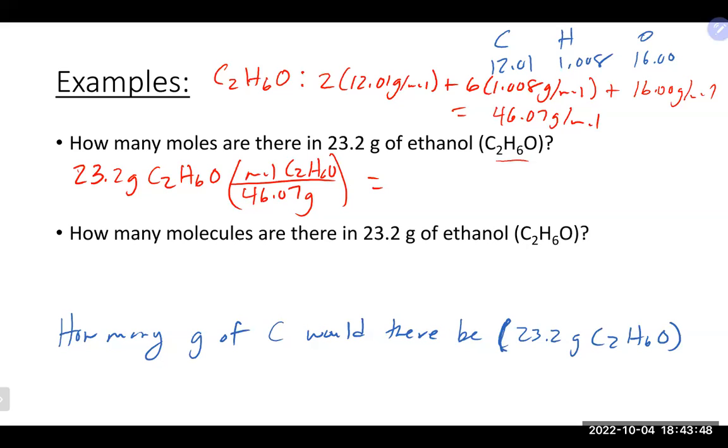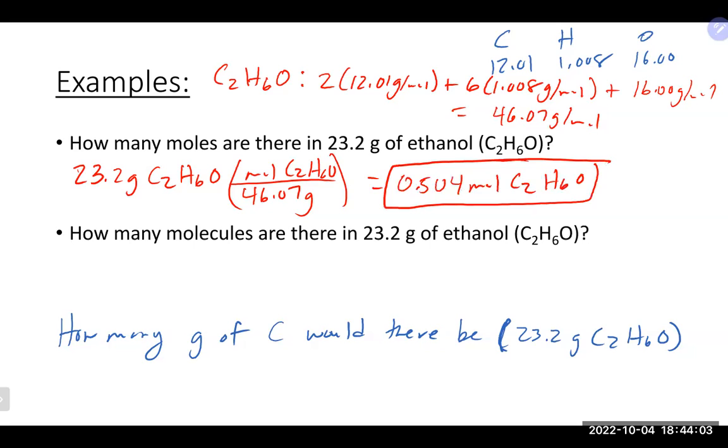23.2 divided by 46.07. Call it 0.504 moles of C2H6O. We basically can continue on in the next part of the problem because now we're going to molecules, which is the key word there that we need Avogadro's number to do that. We already have it in moles here, so 0.504 moles of C2H6O.